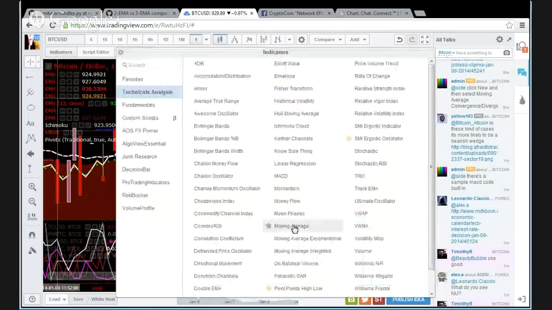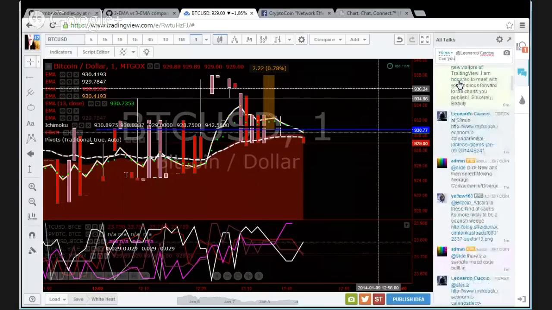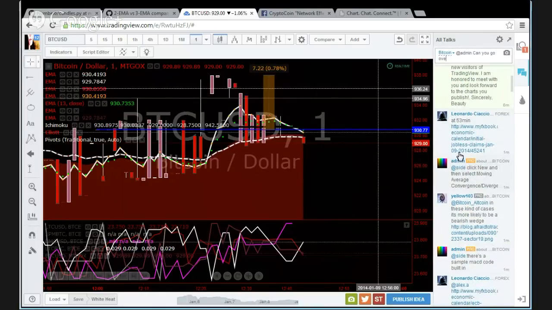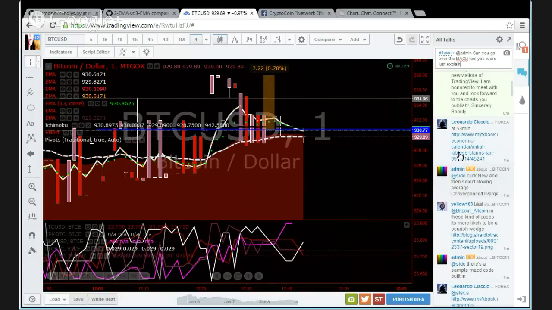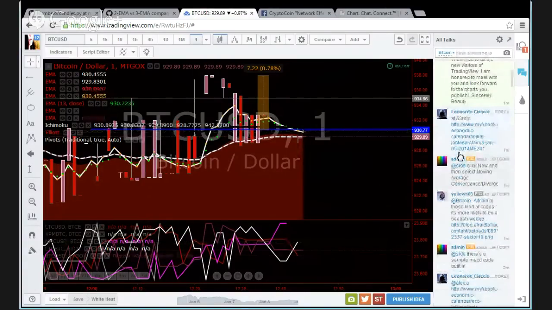Indicators, Moving Average Convergence Divergence. I need to go over that again.